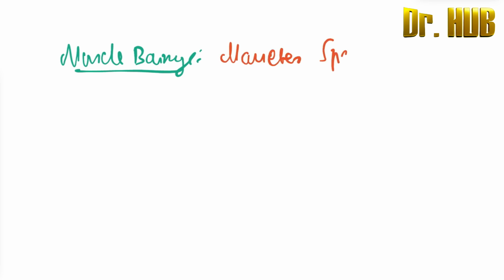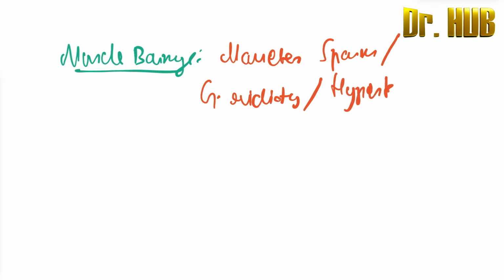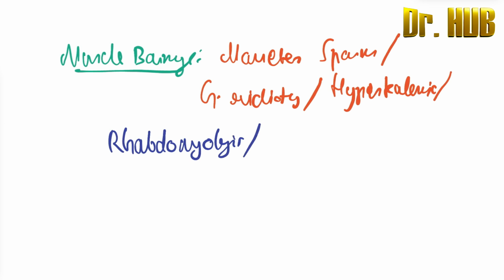Now it can lead to muscle damage. Muscle damage includes masseter spasm, generalized rigidity, hyperkalemia, rhabdomyolysis, and myoglobinuria.